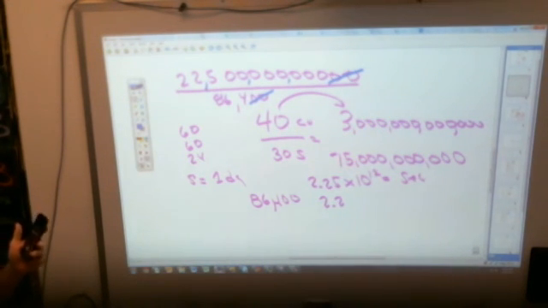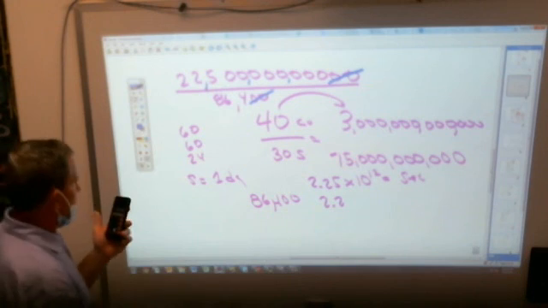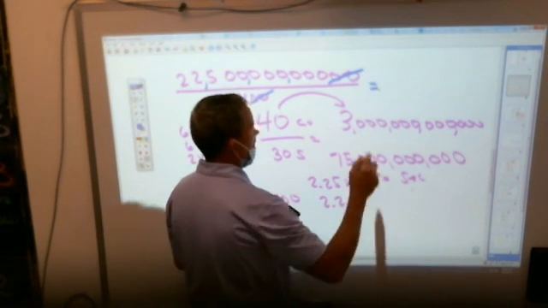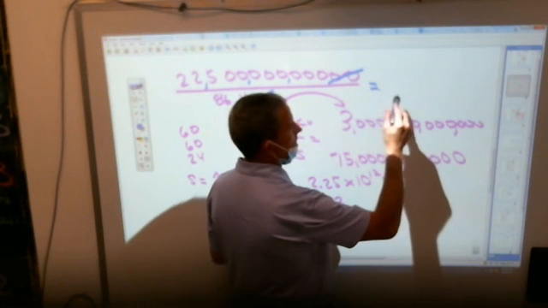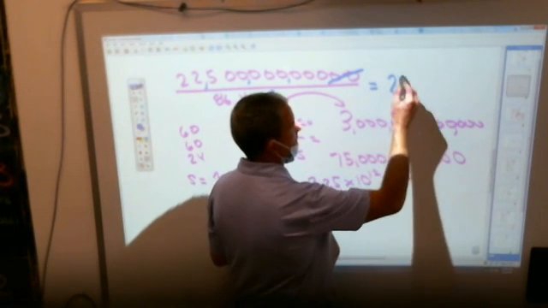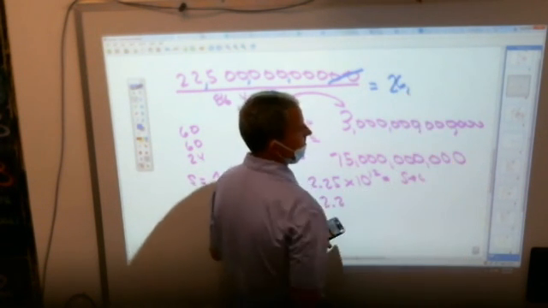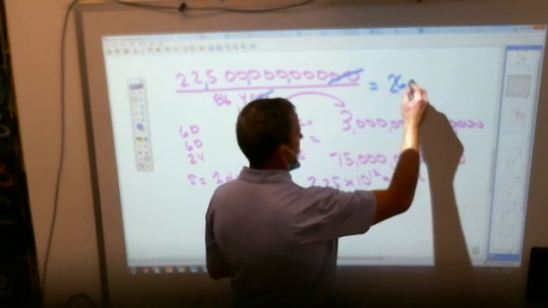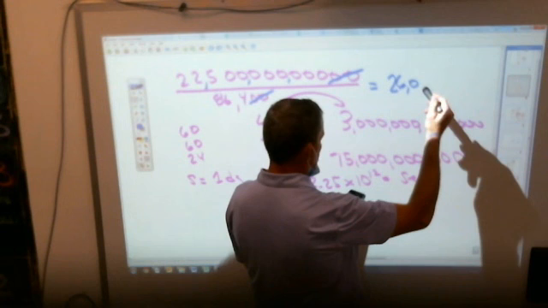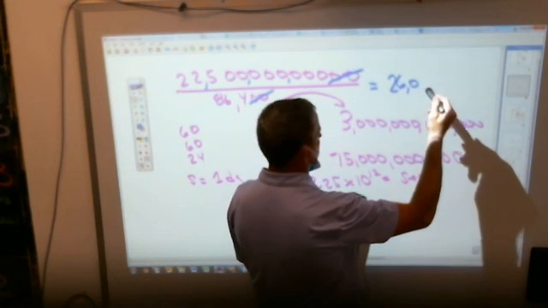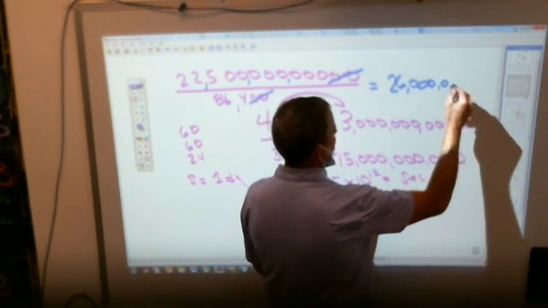What is 22 billion 500 million divided by 864? 22 billion 500 million divided by 864 is about 26,041,666.6666. It'll show you on the screen. I'm just going to go 26 million. That's how many days, Frankie.